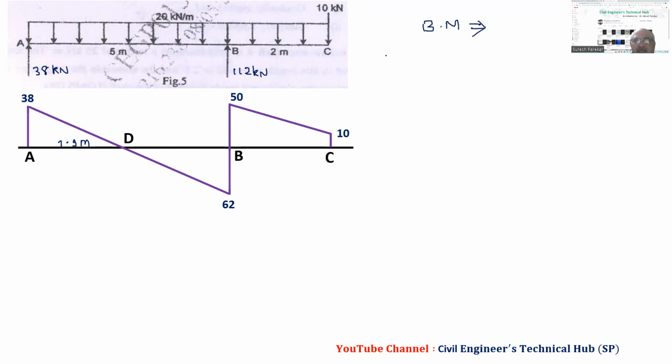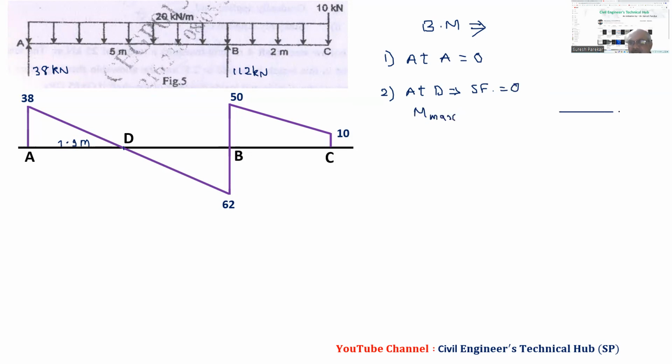First at A, we have 0. Then we will find at point D, where we have shear force 0, that is M max.